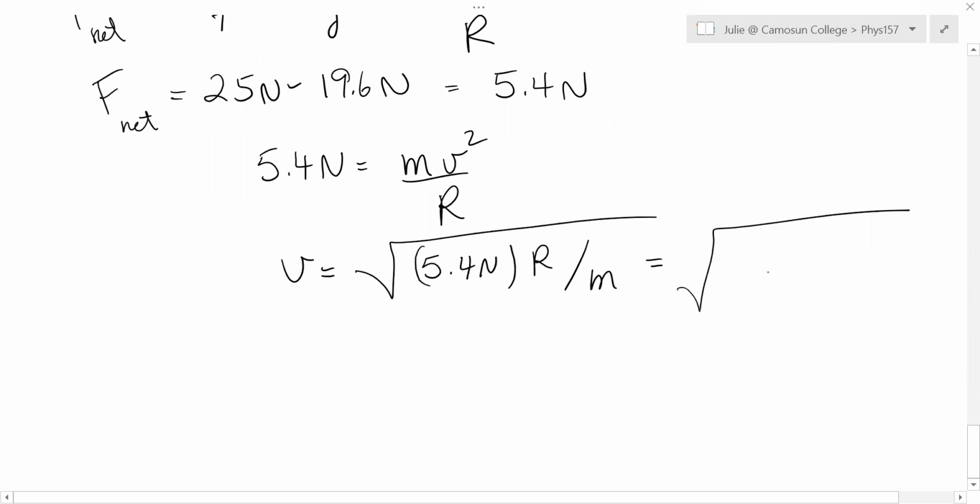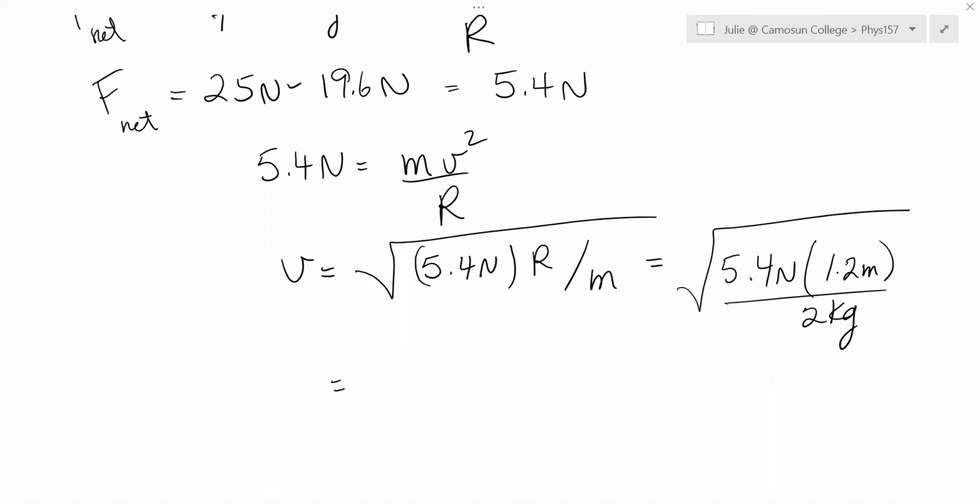And that would be 5.4 times r is 1.2 divided by m is 2. And that works out to 1.8 meters per second. Okay, so that's the speed of the bucket.